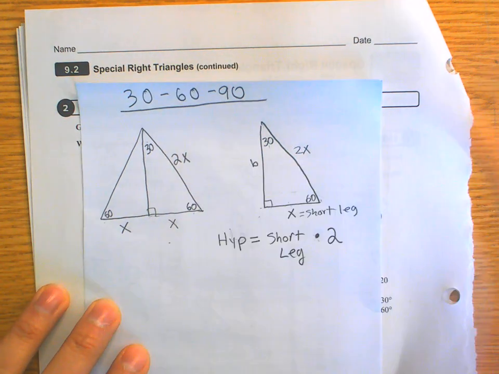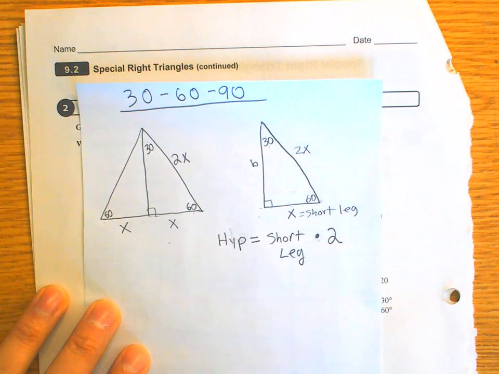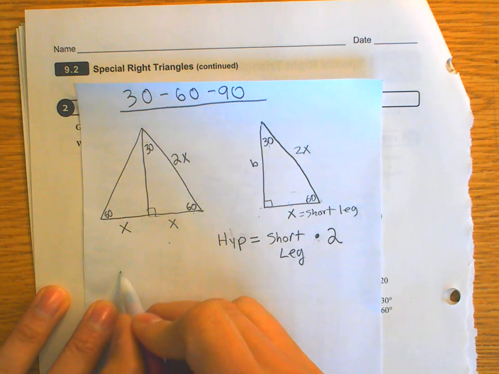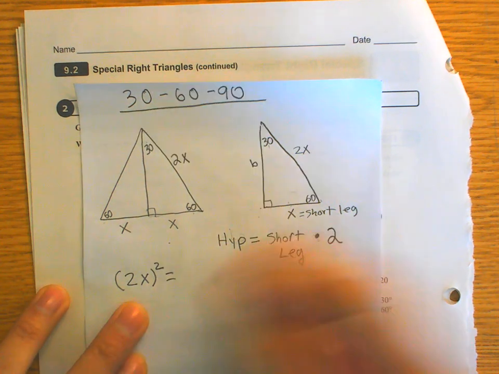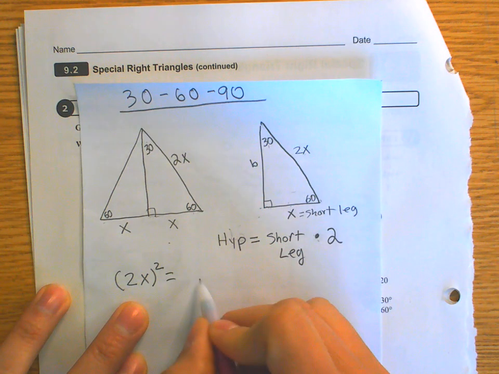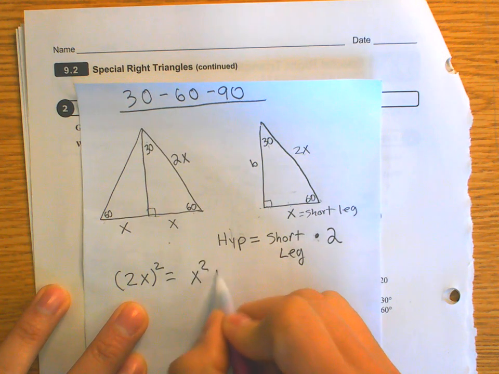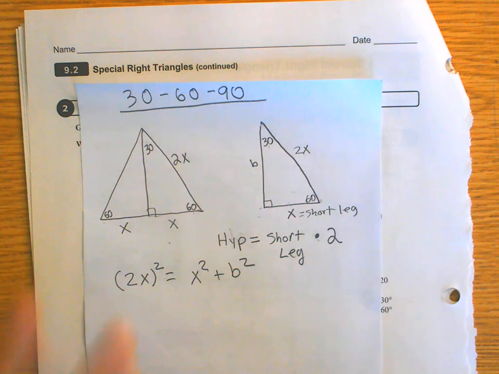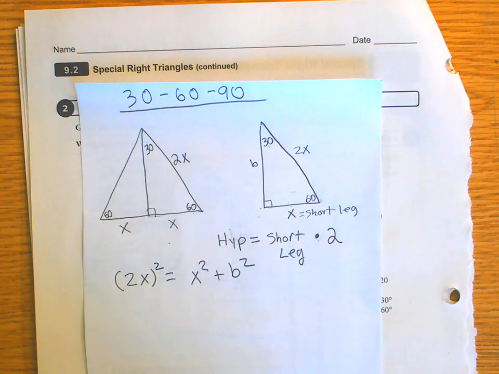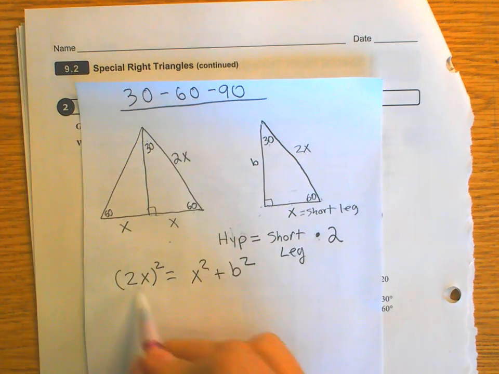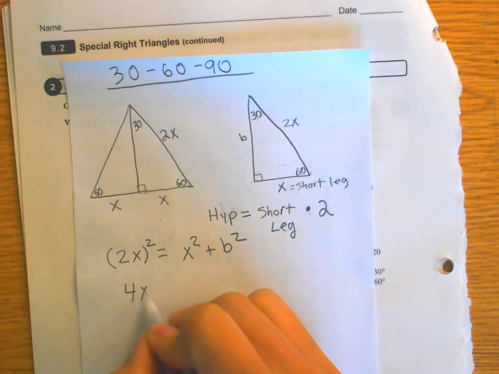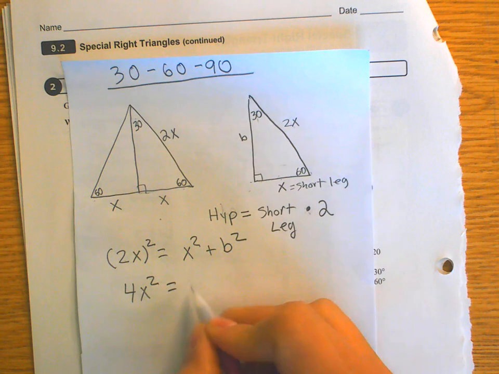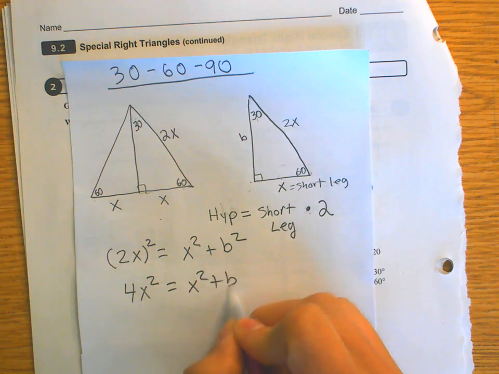Let's use the Pythagorean theorem. I'm going to have (2x) squared, because remember, that's my c, equal to x squared plus b squared, and I need to solve it for b. (2x) squared, back from algebra, gives me 4x squared equal to x squared plus b squared.